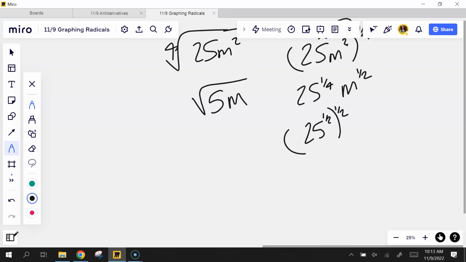Because when you raise a power to a power, you multiply. You used photo math clearly. 5 to the 1/2, m to the 1/2, which you put together under the same root. You don't have to go that far with it.